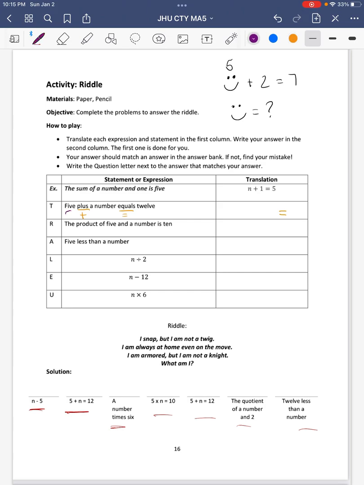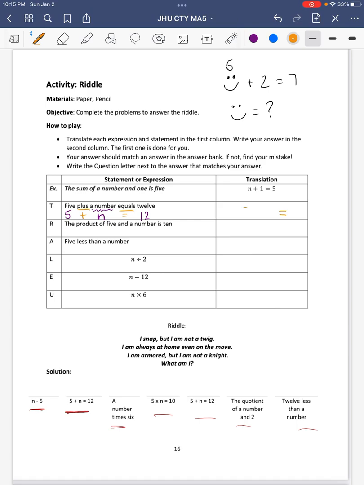I have a 5. And whenever it says something like this, a number, some number, an unknown, that's going to be a variable. You can use any letter, but because it says a number, I'm going to use N. Okay, I'm going to use N for my variable. And equals 12. So I actually wrote it over here. Now I'm just going to write it all together.